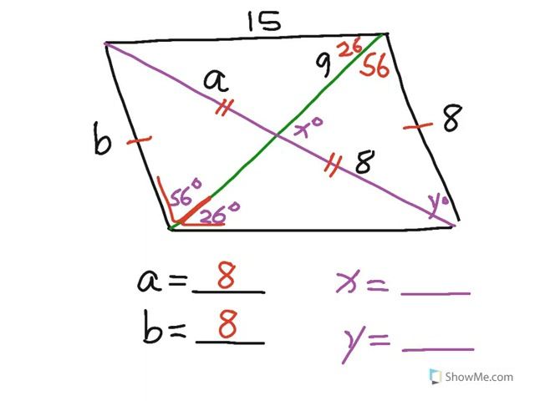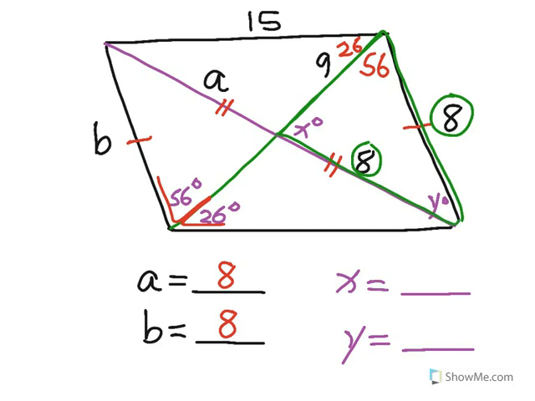So I'm looking at the x and the y, and what I have to focus on is applying everything that I learned so far. I know that I've got a triangle here with a side of 8 and this other side of 8. If I look at this triangle right here, that's an isosceles triangle, and that means that the base angles are congruent.